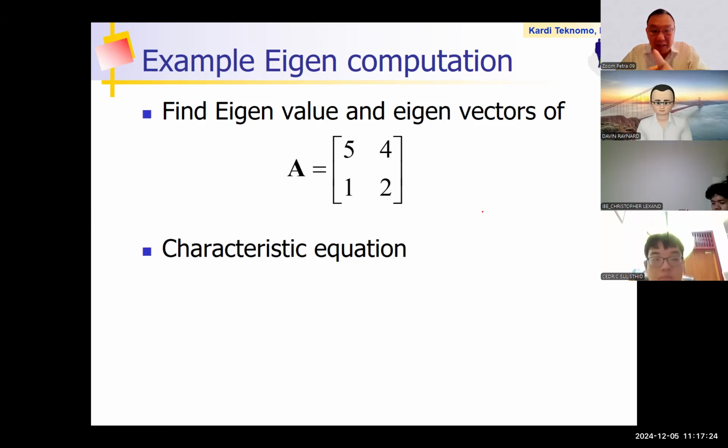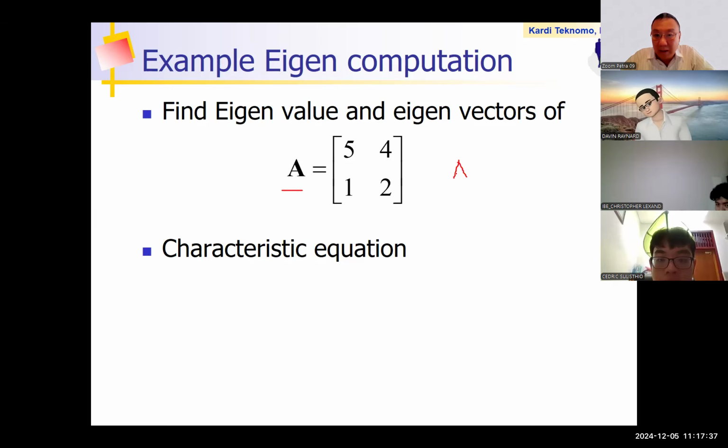I used exactly the same matrix, 5, 4, 1, 2. So what you will do, you have A, so you take A minus lambda I, and then you get the determinant. So we create the characteristic equation, A minus lambda I. A is 5, 4, 1, 2.